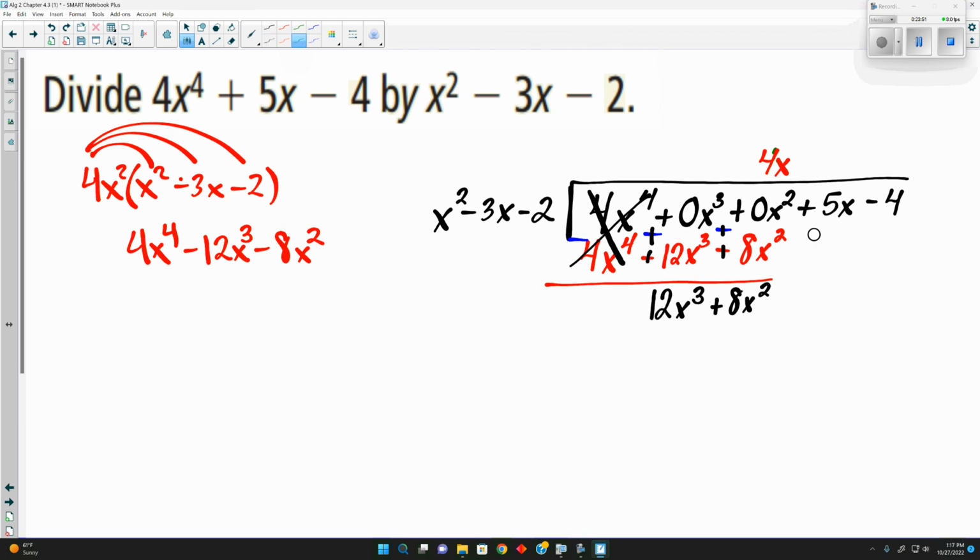Then again, we bring down the plus 5x. And then we repeat the pattern again. Now we need to see what times x squared gives us 12x cubed plus 12x.